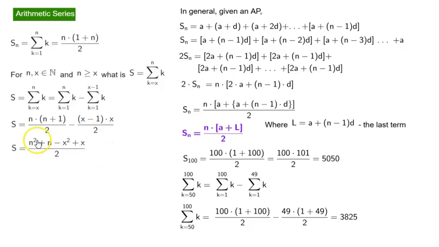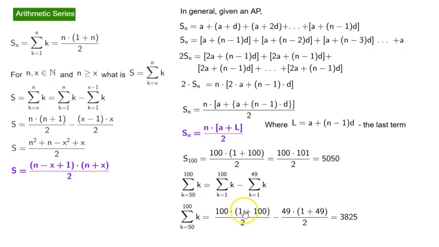And combining them, we get n square plus n minus x square plus x by 2. And factoring it, we get s is equal to n minus x plus 1 times n plus x by 2.